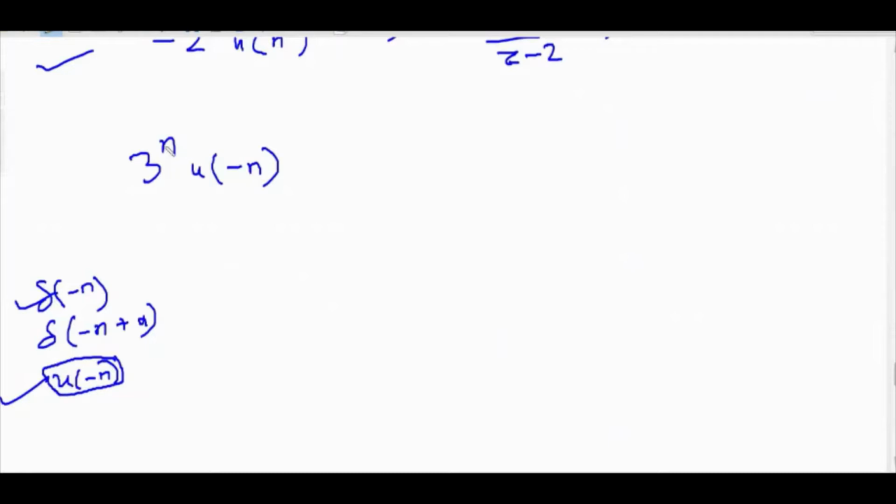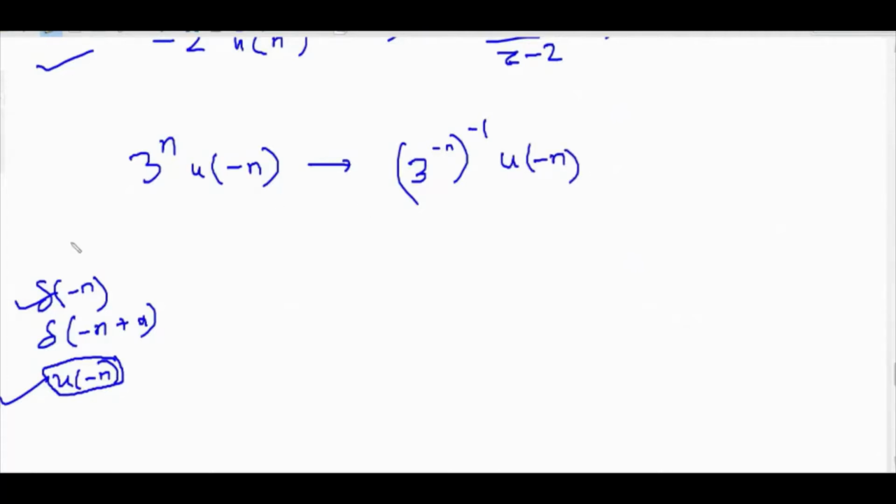But here minus n is not there, so I need to do some adjustment. So what type of adjustment can I do? Here we are not adding or subtracting any constant with n, but n is there, so this can be written as 3 raised to minus n raised to power minus 1, u of minus n.